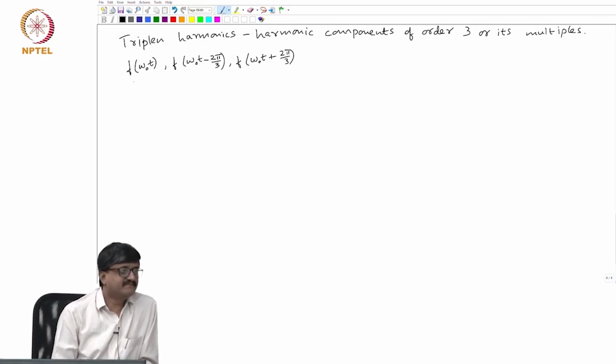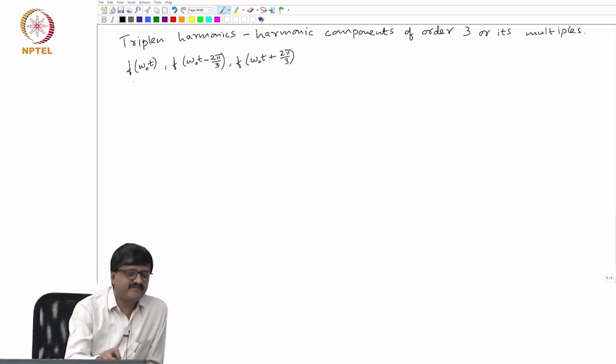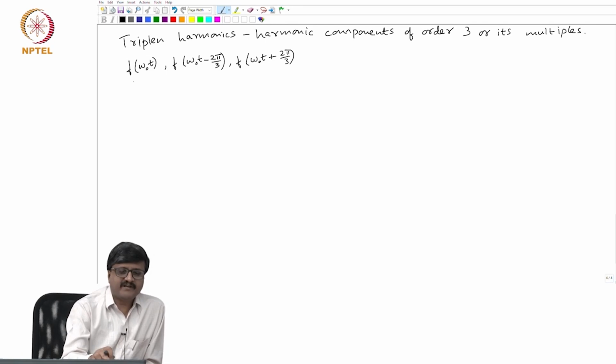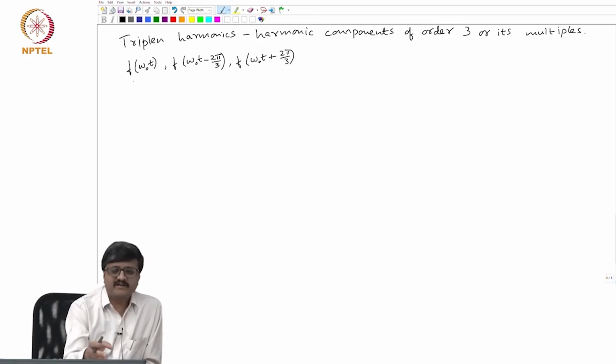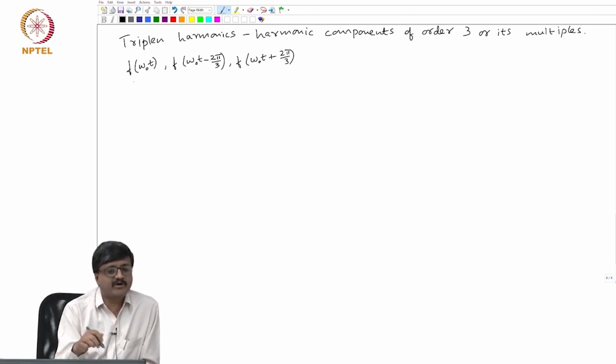There is no phase shift. If I take the triplen harmonic component of f of omega o t and the triplen harmonic component of f of omega o t minus 2 pi by 3, they are identical. There is no phase shift as well. And that is also identical to the triplen harmonic component of f of omega o t plus 2 pi by 3.